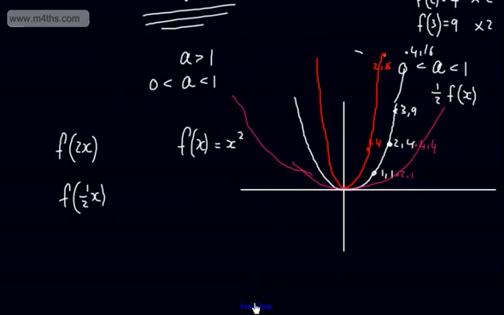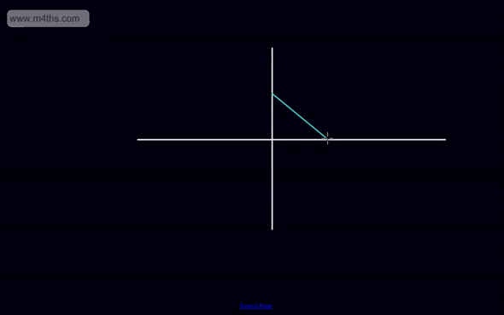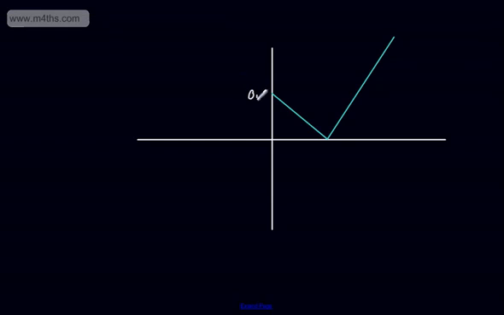So let's just generate some particular function right here. Let's just do some positive values. Let's say this point is going to be 0, 1. Let's say that this is going to be 2, 0.